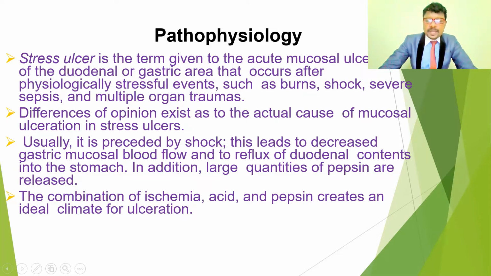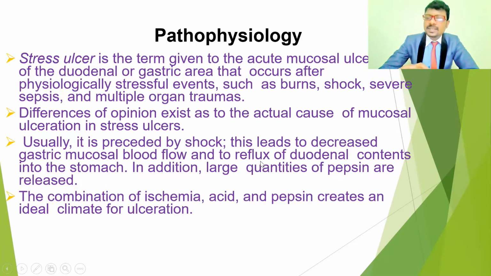Usually it is preceded by shock. If anybody has blood loss, hypovolemic shock, or septic shock, or any infection, there is a chance of getting these ulcers. This is because of decreased gastric mucosal blood flow and reflux of the duodenal contents into the stomach. The increase in acid levels in the stomach may cause reflux and also release pepsin.